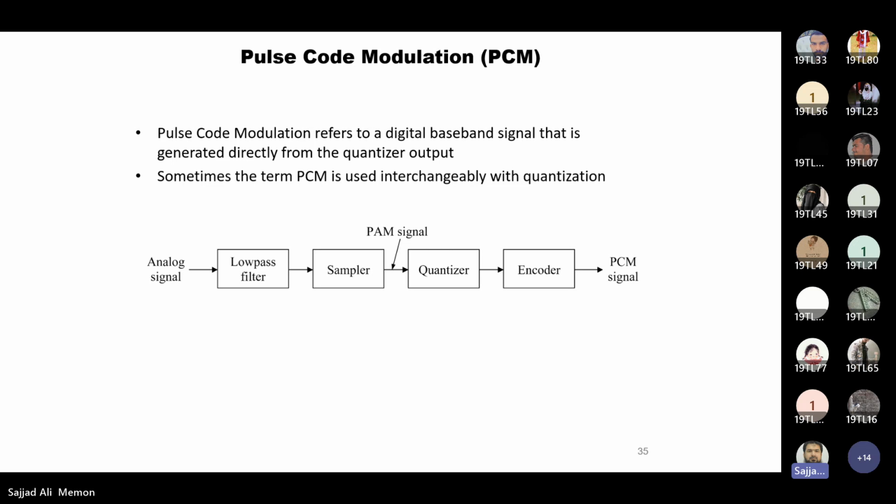So this PCM signal is basically a digital signal generated when we convert an analog signal through sampling, quantization, and coding. That signal is called the PCM signal. Normally, when we say PCM, it is directly related to the voice signal. Basically, in cellular communication, PCM is used for a particular bit rate.